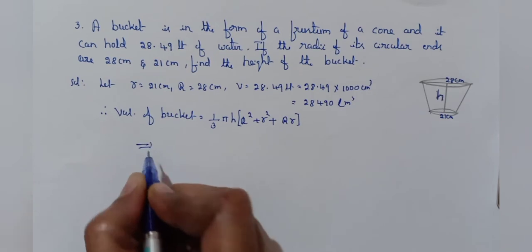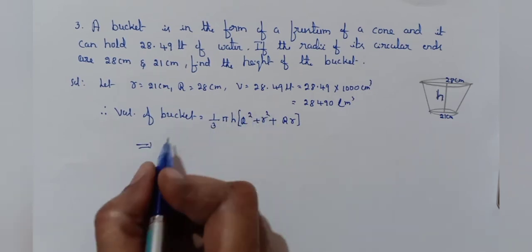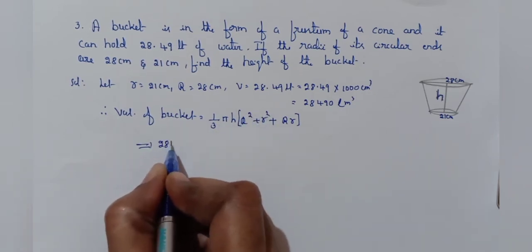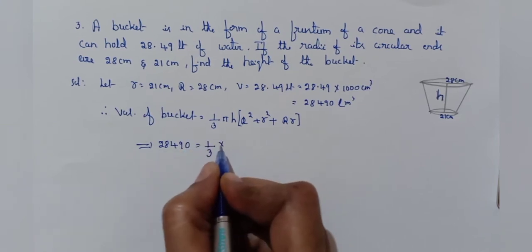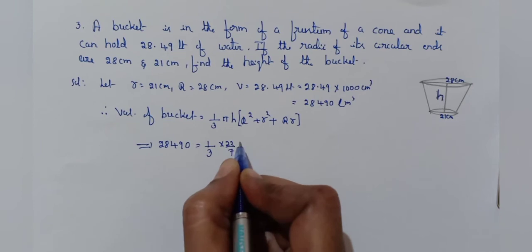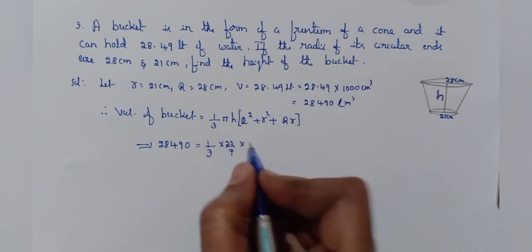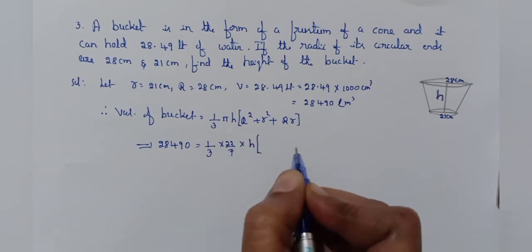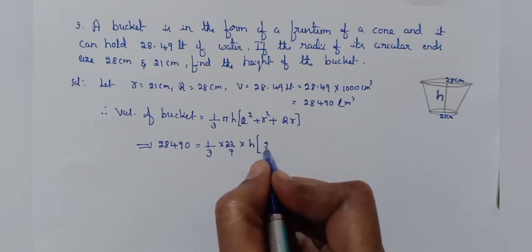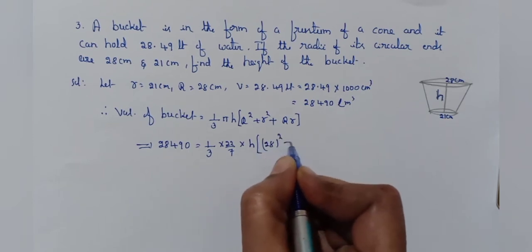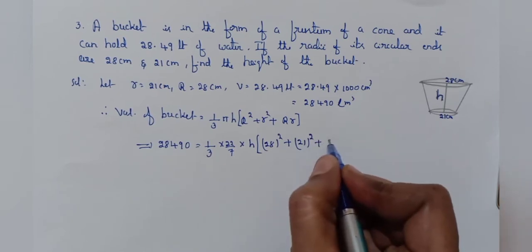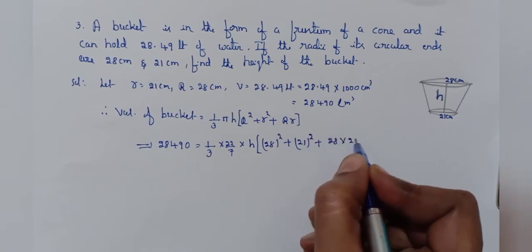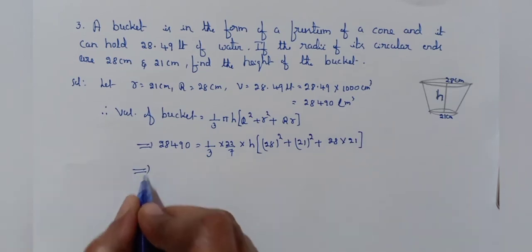So substitute the volume of the water: 28,490 is equal to 1 by 3, 22 by 7, and h we have to find out, into (28 whole square plus 21 whole square plus 28 into 21).